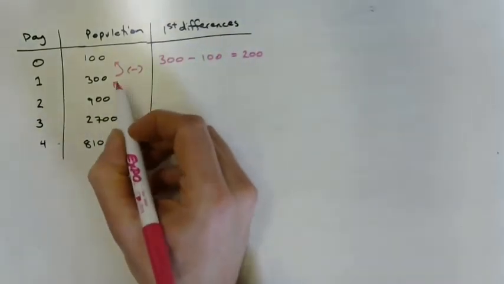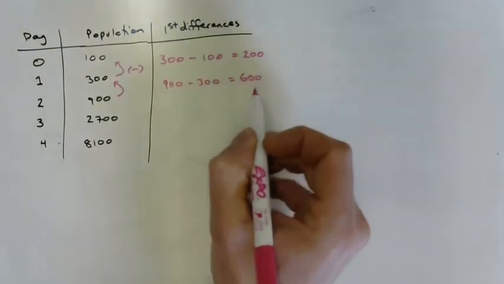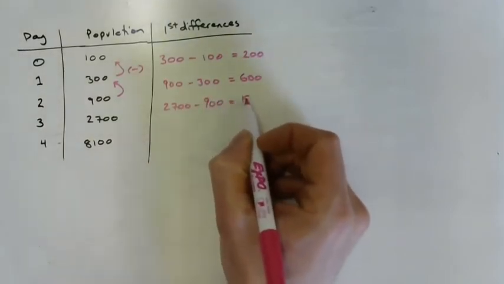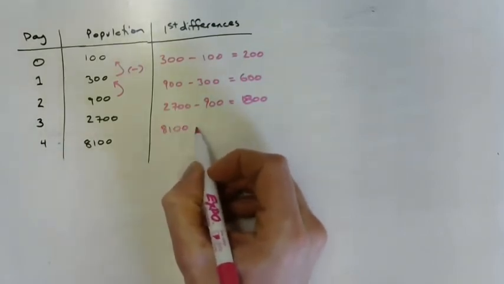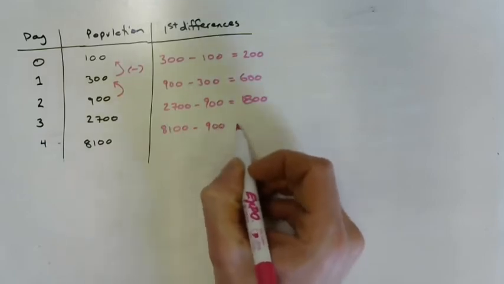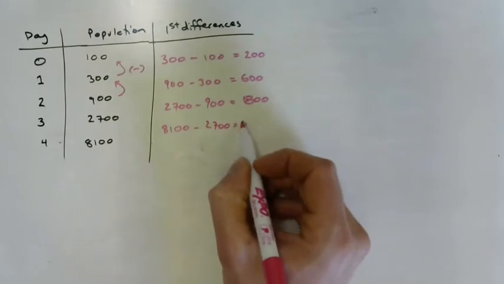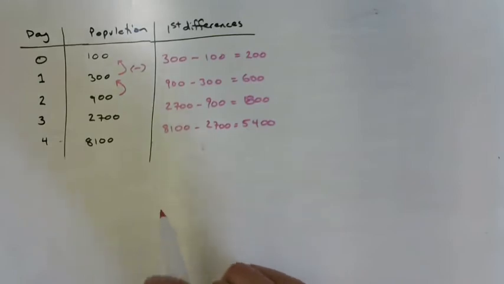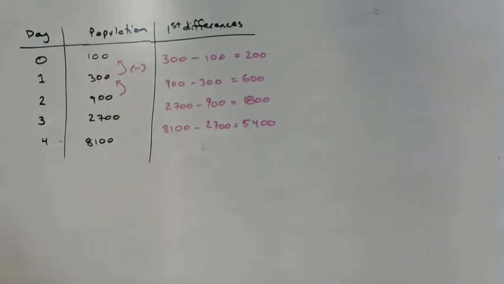Then you take 900 minus 300, which is 600. 2700 minus 900, 1800. 8100 minus 2700 is 5400. Now, if we were doing a linear relation, all these numbers would be constant. What are you noticing? They're not constant, so it's certainly not linear.